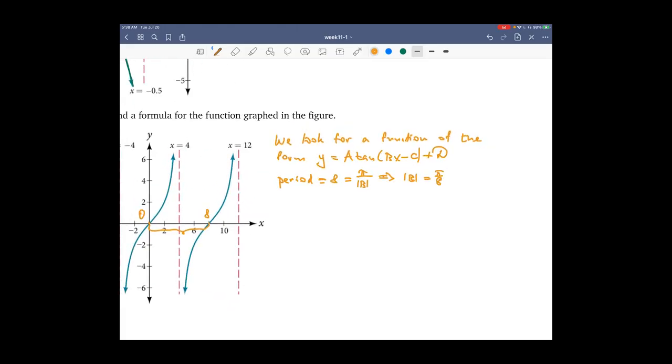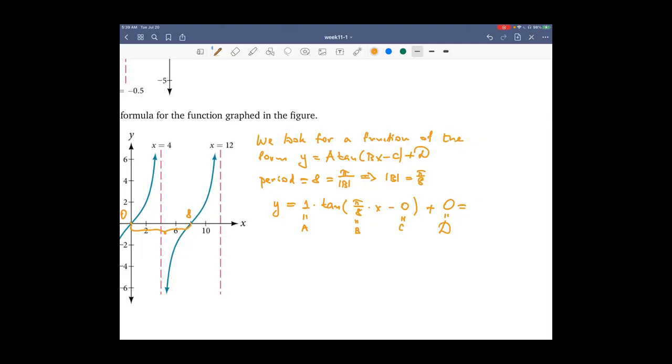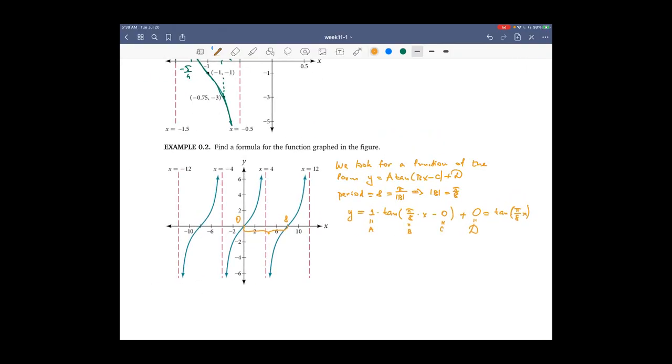And in fact, we may try immediately a function 1 times tangent, 1 here is a, pi over 8, which is b, times x, minus 0, which is c, plus 0, which is d. So in short, I'm trying a function tangent of pi over 8x. We can check by some evidence that this is indeed the right answer.